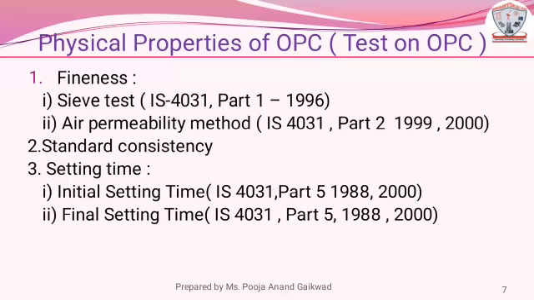This final setting time test is a continuation of the initial setting time test. For this we use the same mold. For this test we refer Indian Standard 4031 Part 5, 1988-2000, same as initial setting time test.